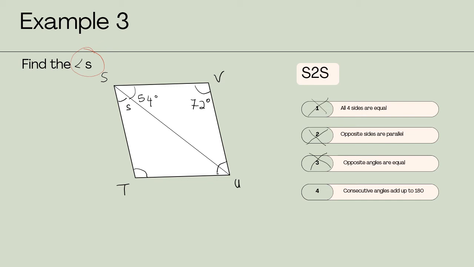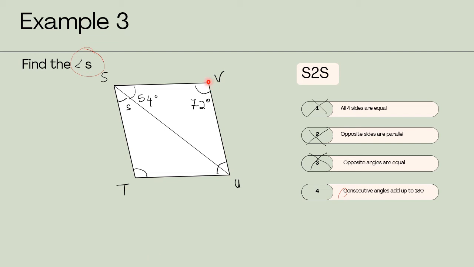So the third property is not applicable. Moving on to the last property, consecutive angles add up to 180 degrees. Now, the word consecutive starts with the letter C. You should try to find a shape where two angles make up a sharp C shape. So let's see here.